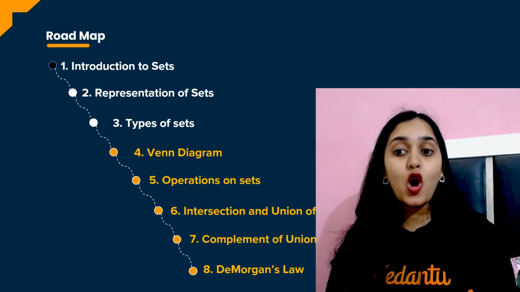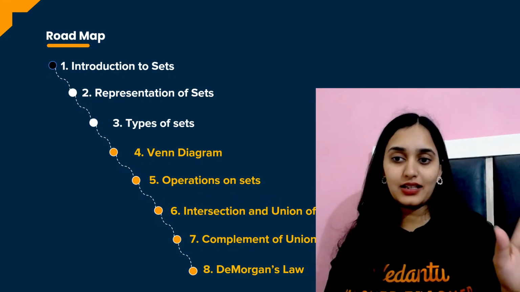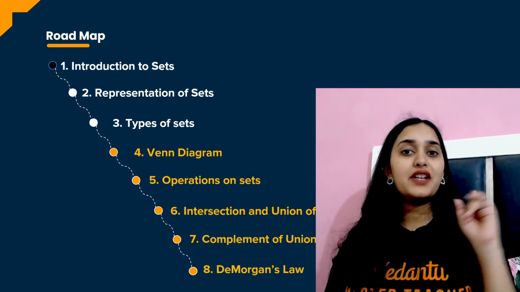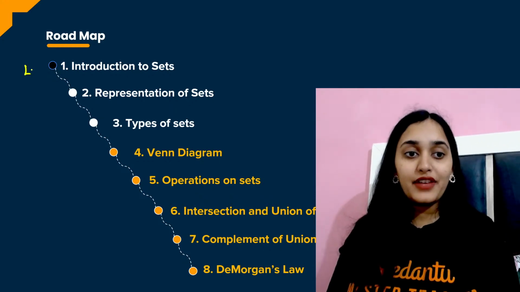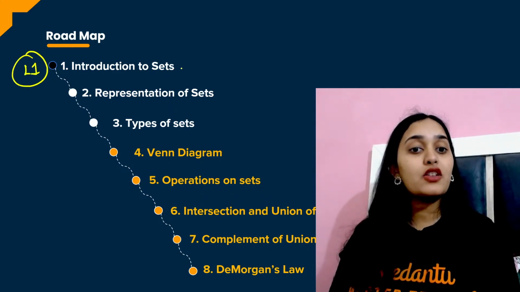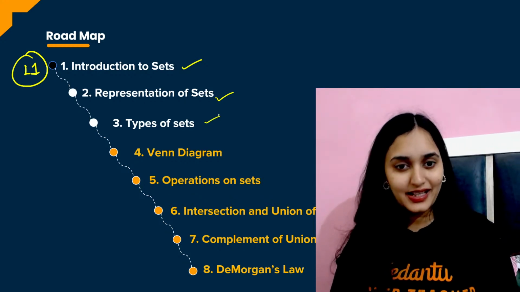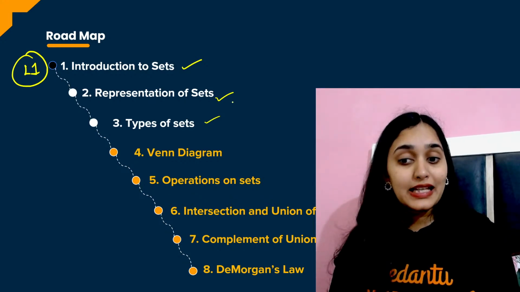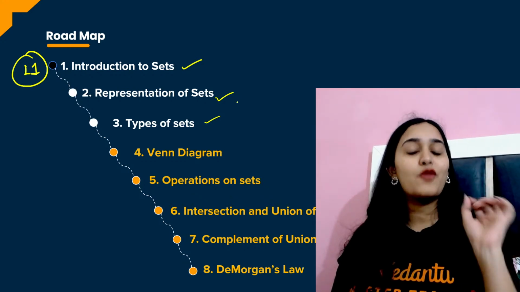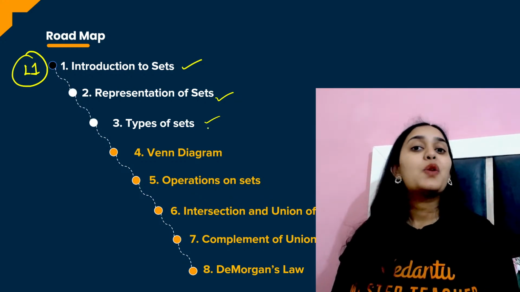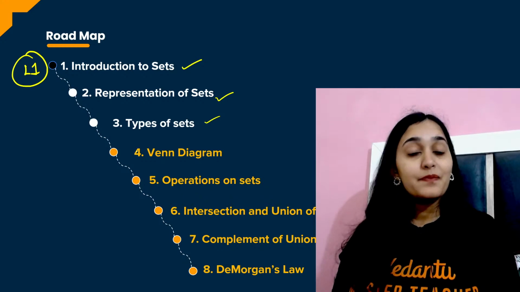So, we have already completed our lecture number 1 where we learned about the introduction of sets, representation of sets and the different types of sets, right? If you have not yet seen the lecture, go right now and watch it first and then we will move on with our new topics.